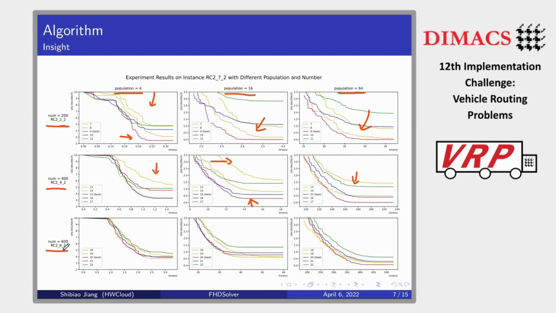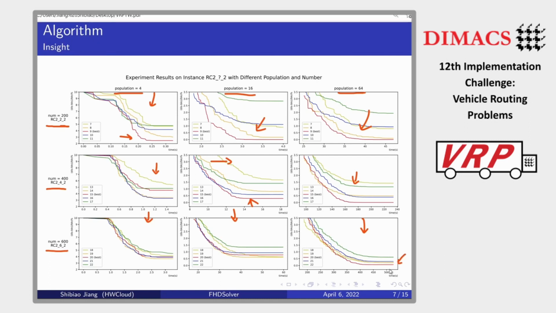And for customer number 600, we will find that if we set to 4 or 16, it's both not enough to check the optimal root number. And only when we set to 64, we will find that the red curve can be in the bottom.